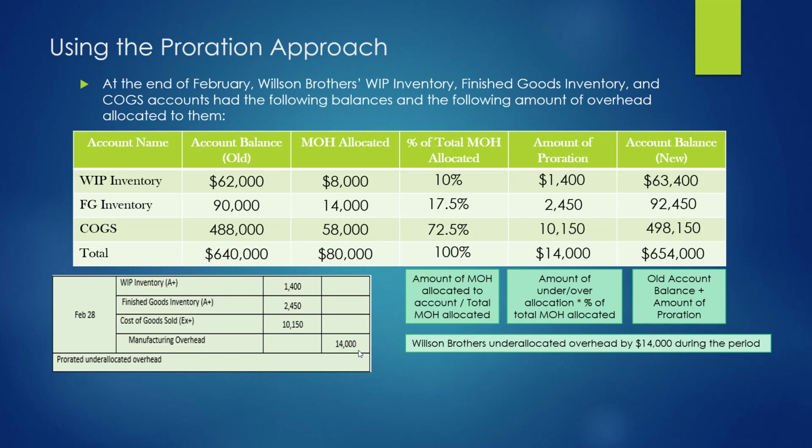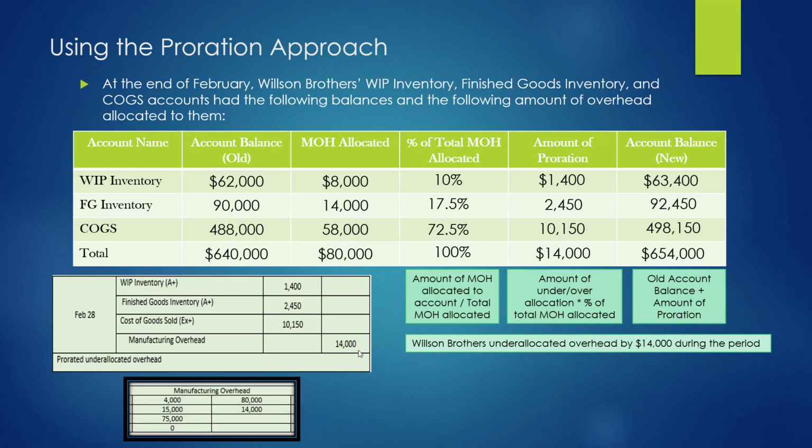And now, after we've done this adjusting entry to fix our misallocation, our manufacturing overhead T is going to have on the debit side the $4,000 of direct materials, the $15,000 of direct labor, and the $75,000 of other inventoriable overhead costs.